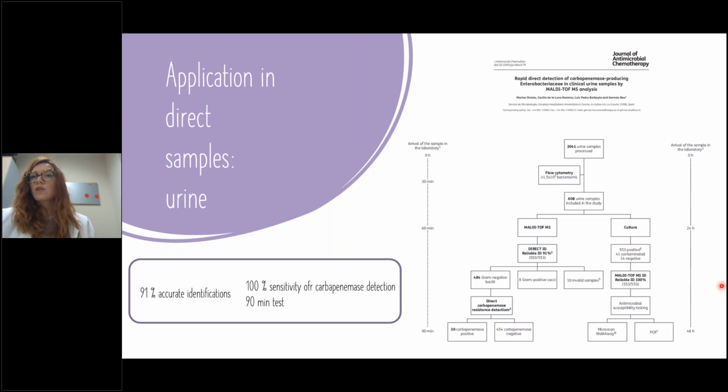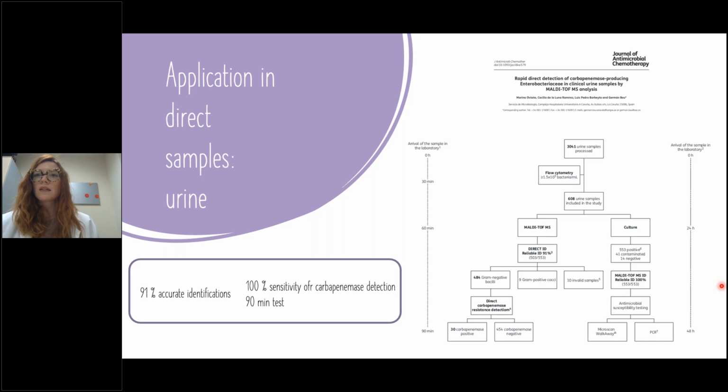We compared the usual workflow that takes place in our laboratory, just culturing and then on the following day performing the antimicrobial susceptibility testing, to performing a bacterial extraction from urine. We performed it with a Sepsityper kit, a modification of the conventional procedure for blood cultures, and then performed the carbapenemase hydrolysis assay using imipenem.